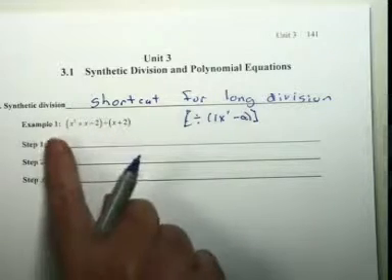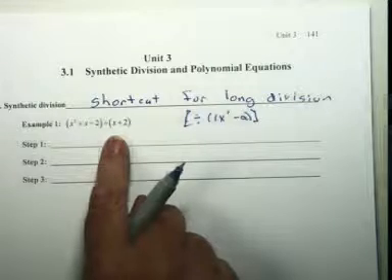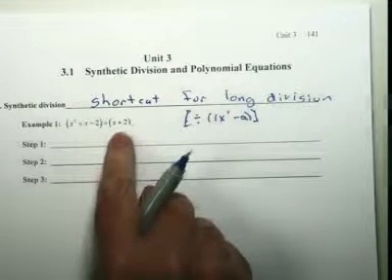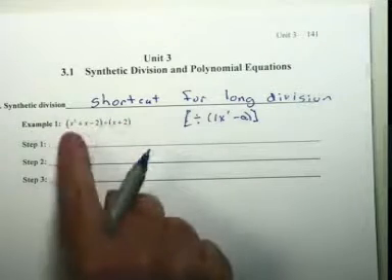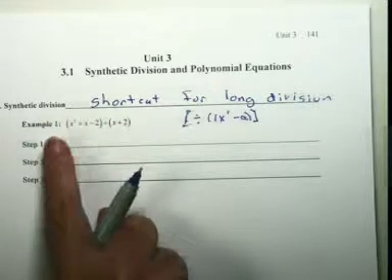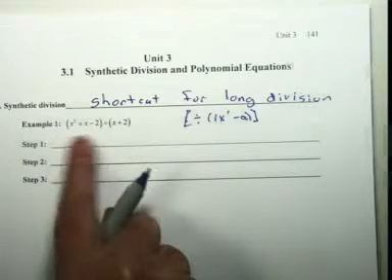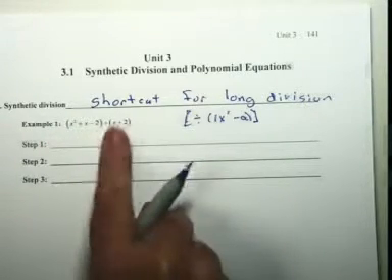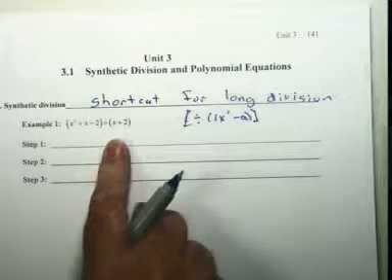We will always be using this shortcut when dividing by two terms that have a 1x to the first. It's not always going to be x squared here; it could be x to the third, x to the fourth. We can have any number of terms here, but this has always got to be just a binomial with 1x to the first.